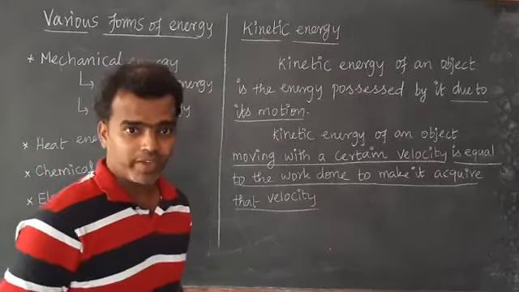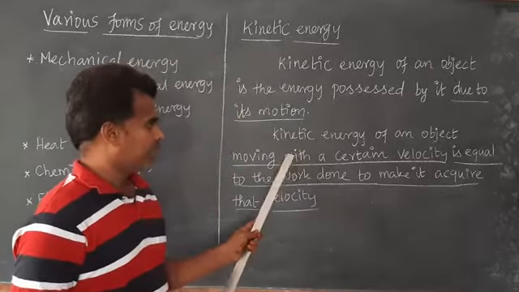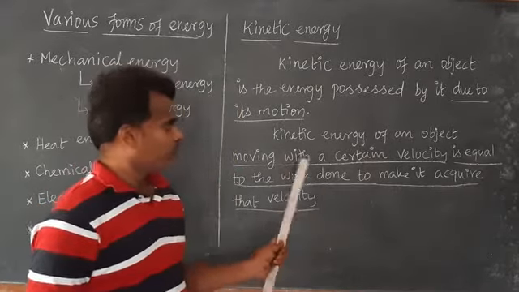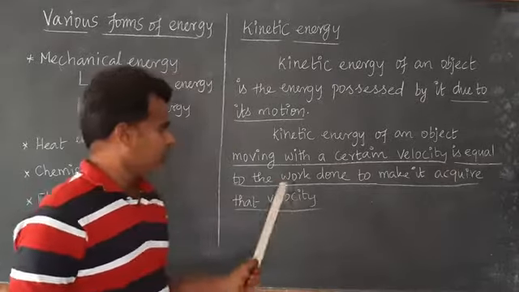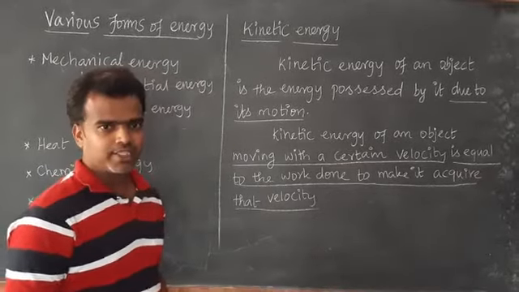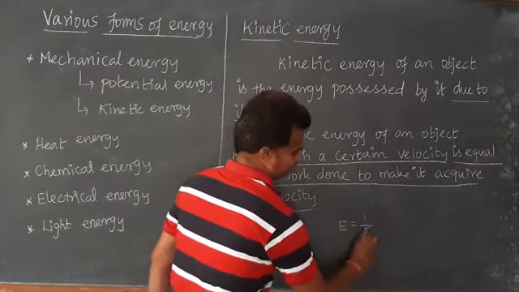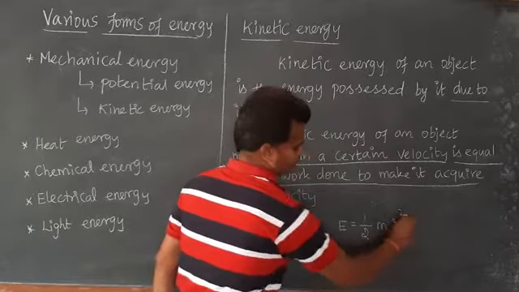Simply we can write the kinetic energy equation as 1 by 2 of mv square.